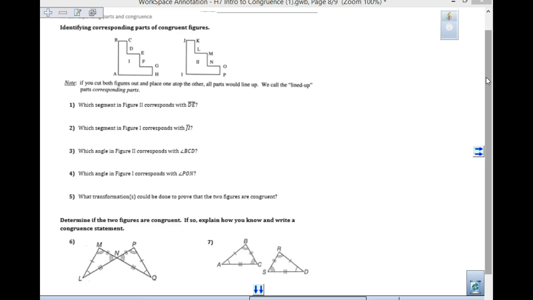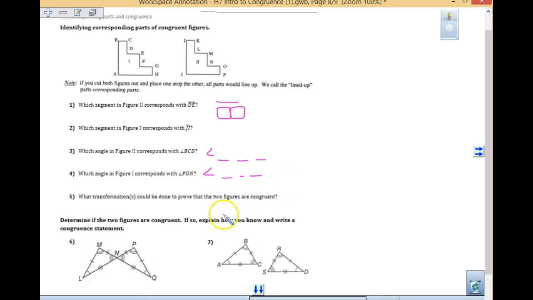Most of you should have no problems with 1 to 5. The key thing is, if you're talking about a segment, this answer must have a segment over the top of the 2 letters, right? When I look at angle number 3 and angle number 4, it says what angle? I need angle then with the letters. You got to tell me the 3 letters. So please look at 6 and 7.